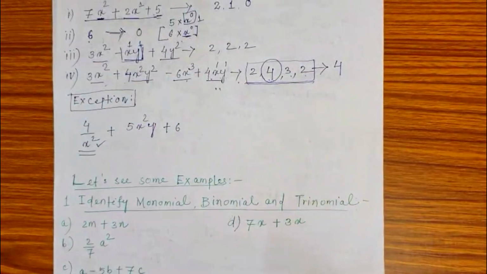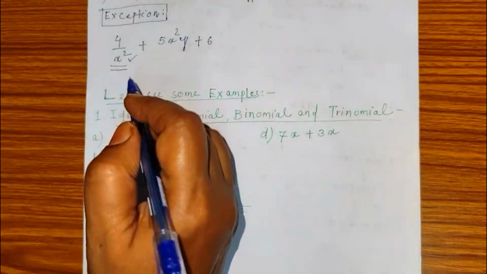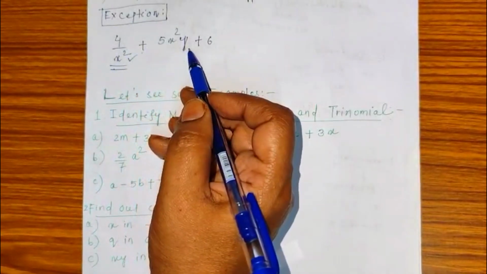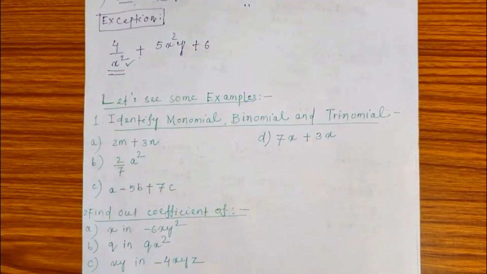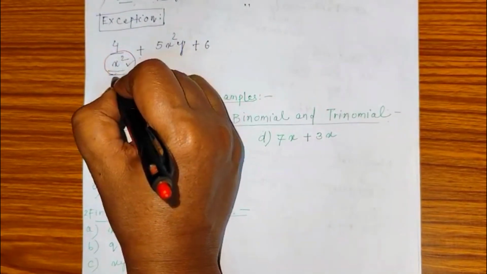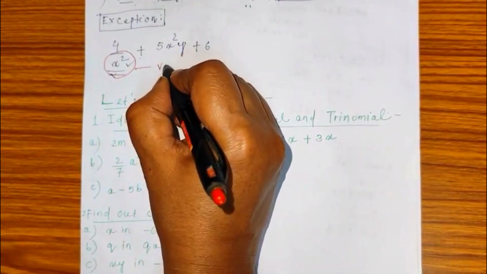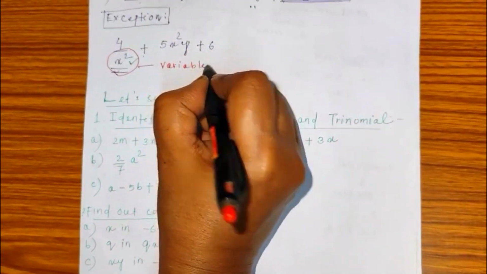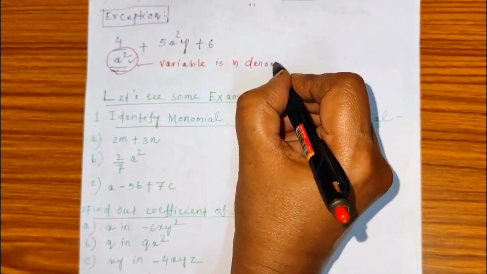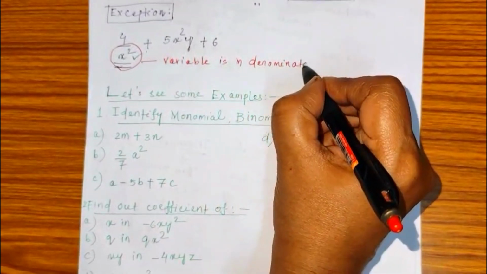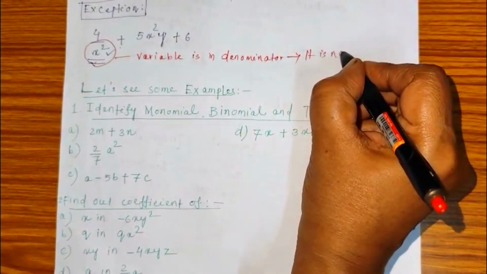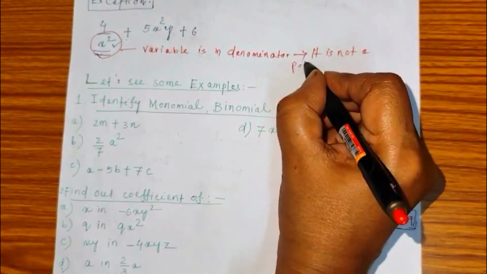Okay. Next, what is the exception? See here, 4 by x square plus 5x square y plus 6. If it is given like this, if your variable is in the denominator, then it is not a polynomial.